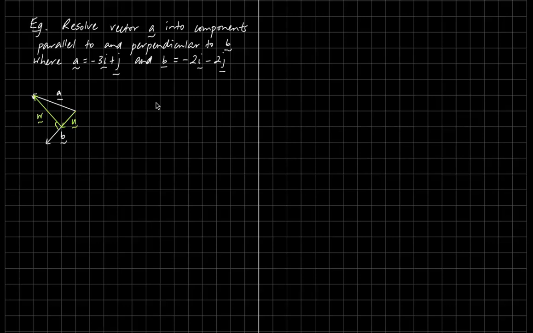So resolving a vector into components is the same as finding the vector projection of A on B and then the vector projection of A perpendicular to B, or finding u and w.